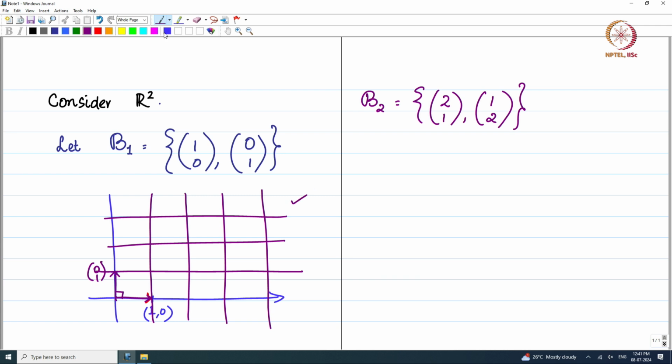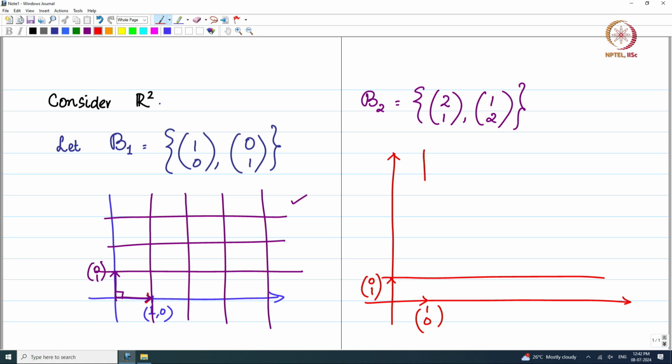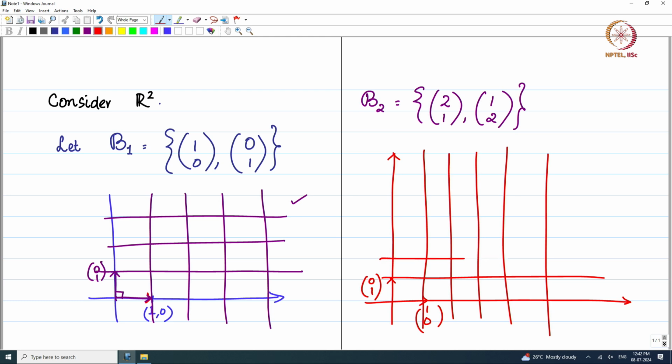So, let us first draw our usual standard basis, the E1 E2 axis, with 1 0 and 0 1. So, I have my standard unit square, and the graph is going to look like this. Now, I want to do 2 1, 1 2.